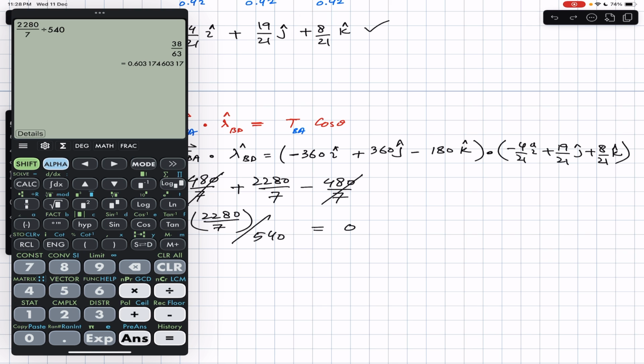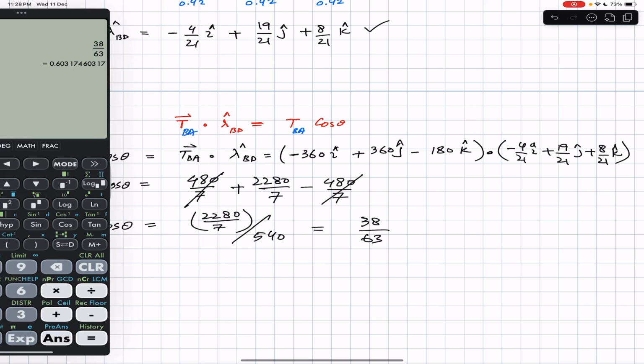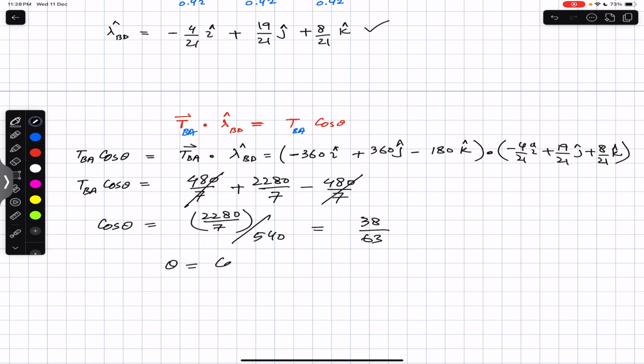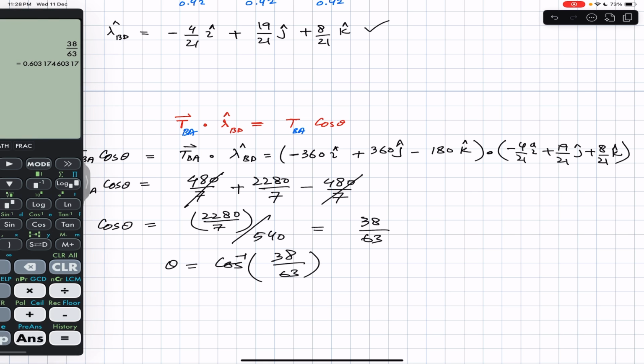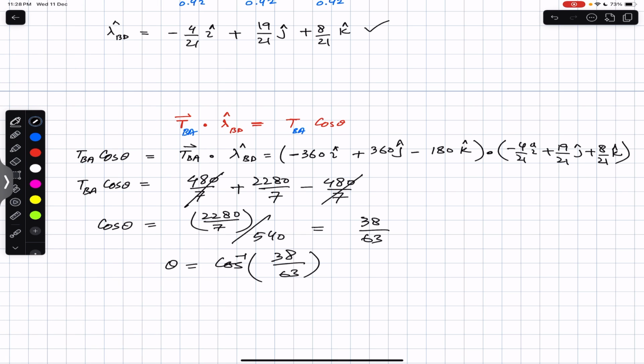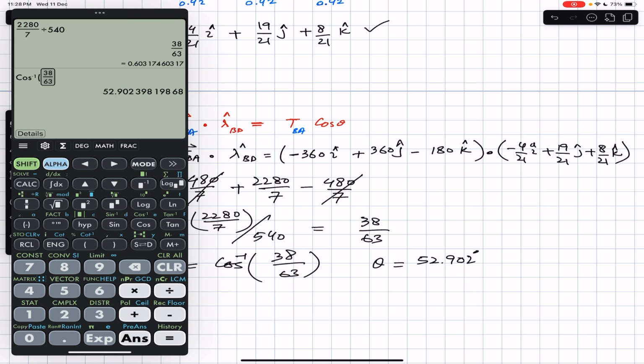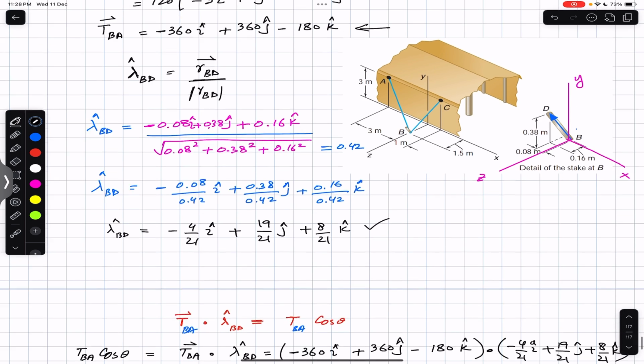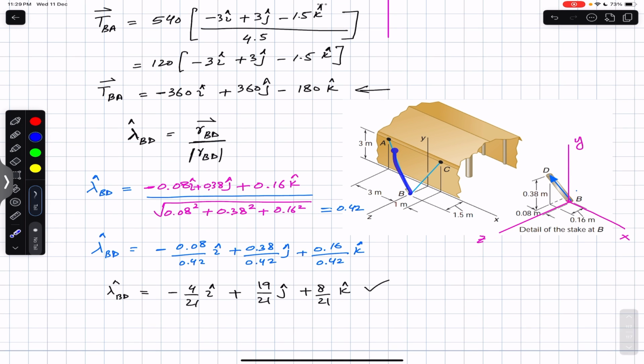So let me write it in fraction, 38 divided by 63, and if we take cos inverse, then theta is equal to cos inverse of 38 divided by 63. So theta is equal to 52.902 approximately.